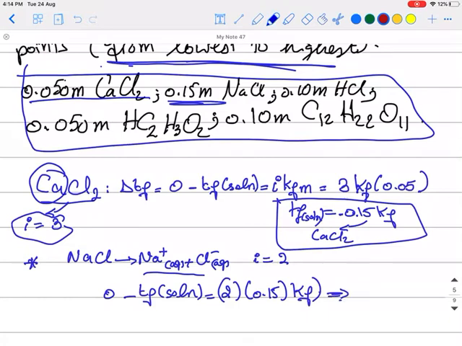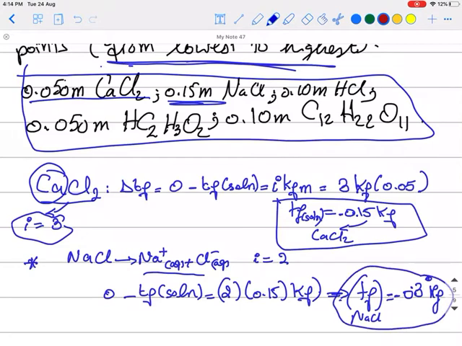So it will be 0.3, and the minus goes to the other side. So T_f of the solution for NaCl is negative 0.3 K_f.